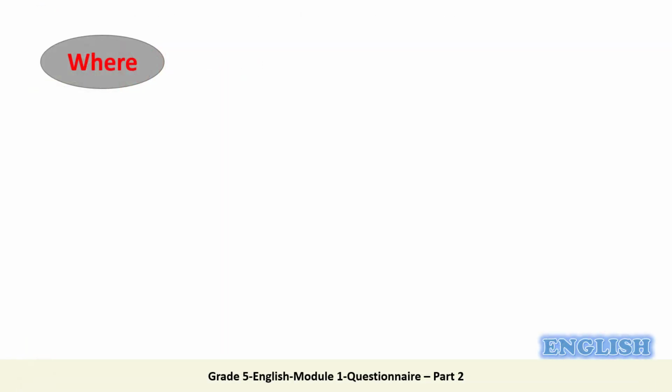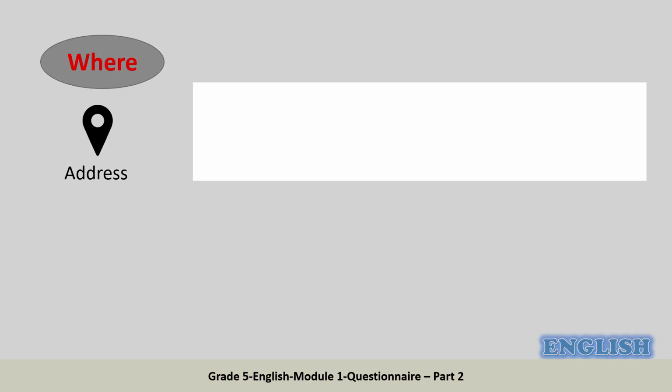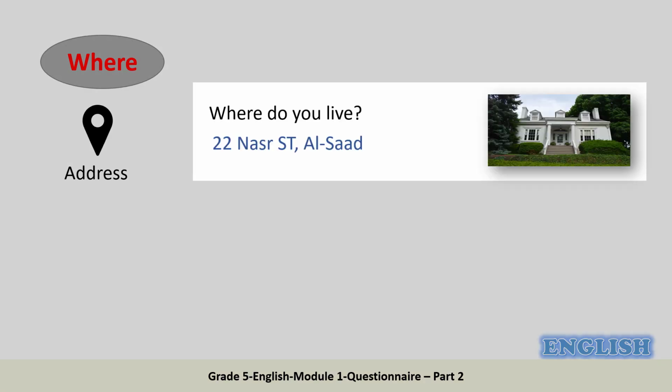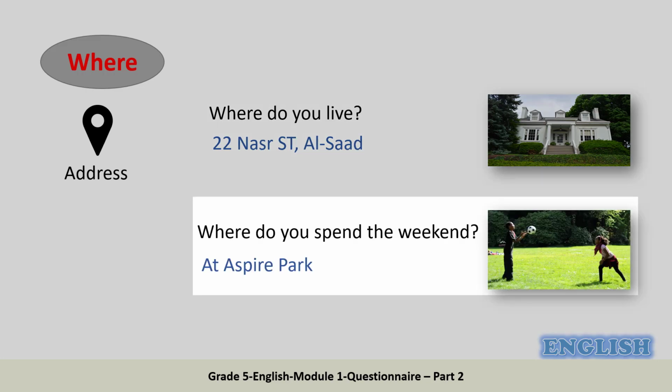Where. This question word is used to ask about locations, places, or addresses. Okay? Like when you ask, where do you live? I live at 22 Nasr Street, Assad. Where do you spend the weekend? At Aspire Park.